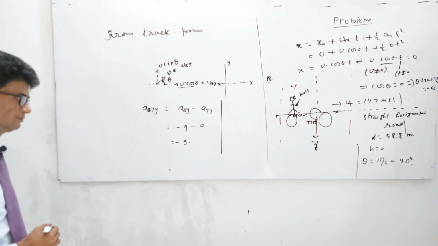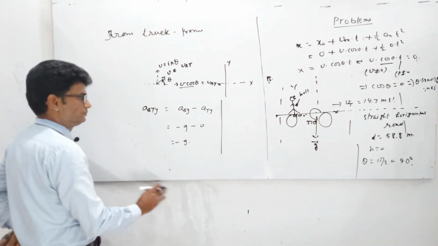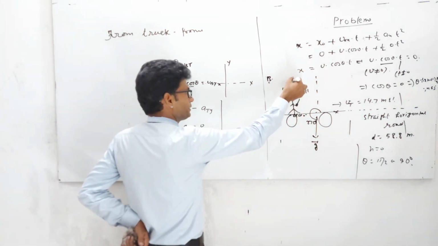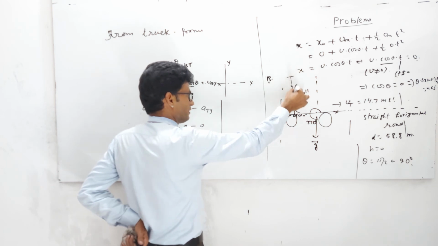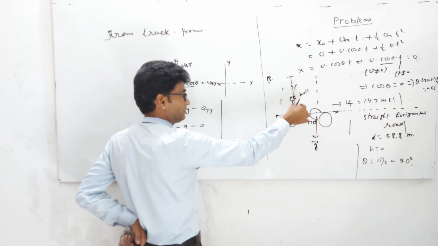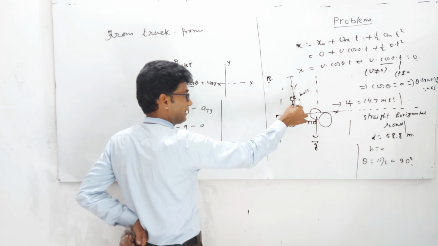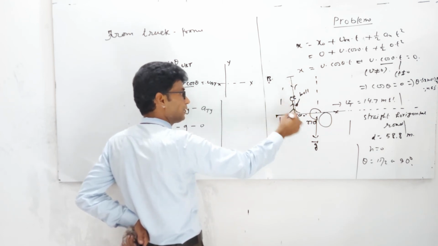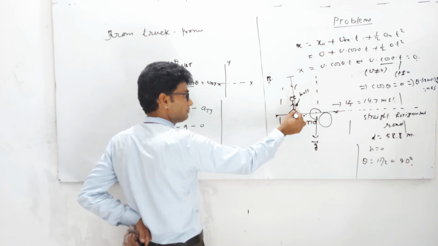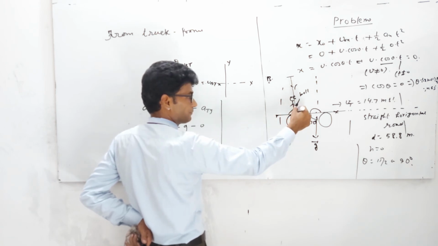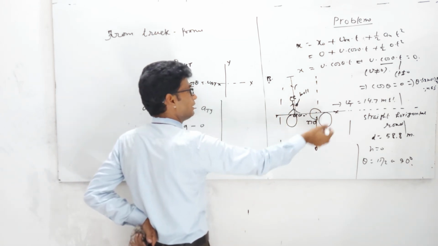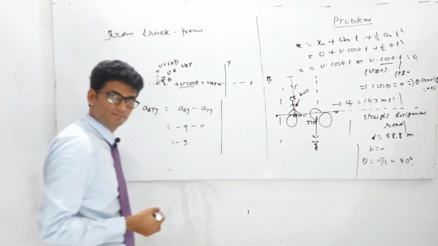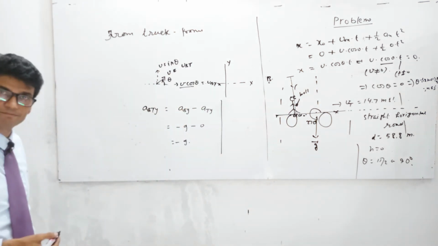So the ball goes up somewhere here and comes back. Why are we saying that? Because, as the problem said, the ball came to the hand of the person, or the ball lands on the truck after some time. That is why.